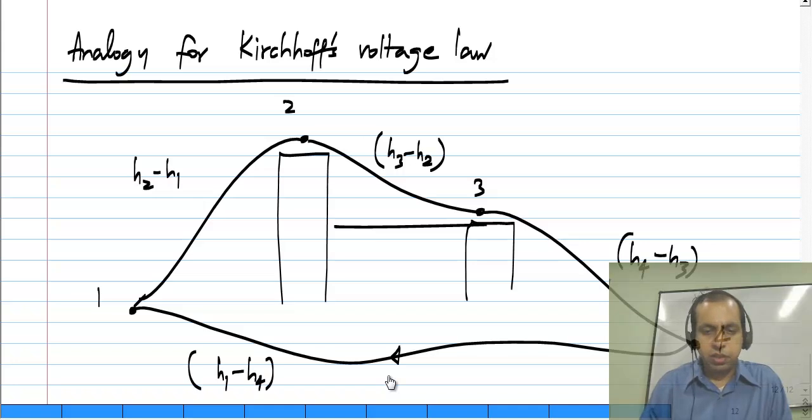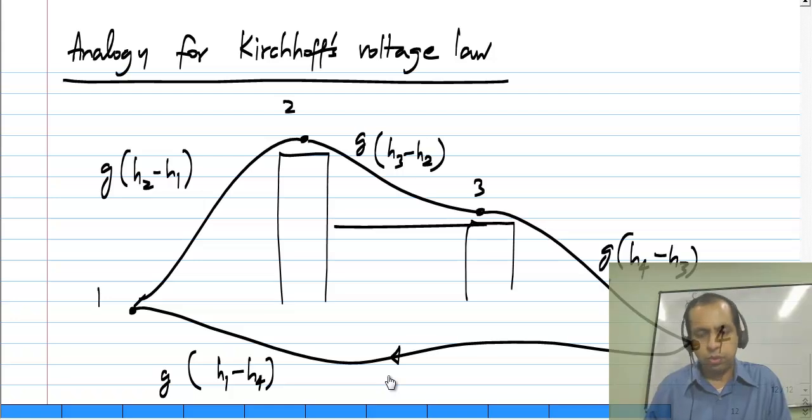So obviously, if you sum these gains in heights, which are basically stand-ins for gain in potentials if I multiply this by G, I will have potential gain from 1 to 2, 2 to 3, 3 to 4 and 4 to 1. If you sum up all of these things, obviously you will end up with 0. And Kirchhoff's voltage law is directly analogous to this.